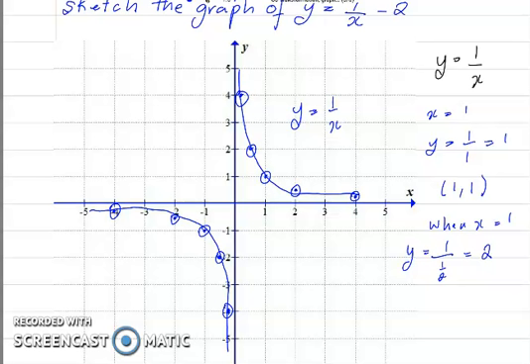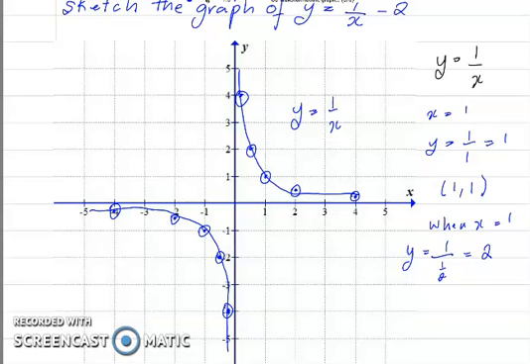An asymptote is a line that the graph approaches but never ever meets. So of course the y-axis, which is x is equal to 0, x can never ever be 0 because you can't divide by 0.